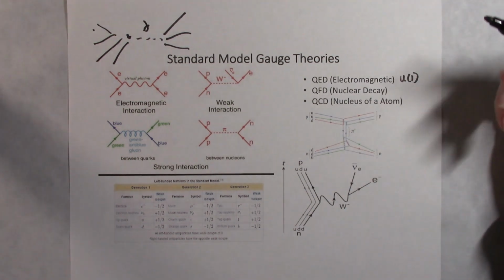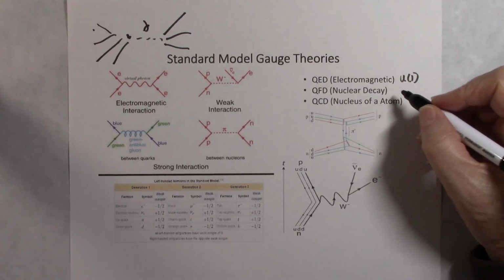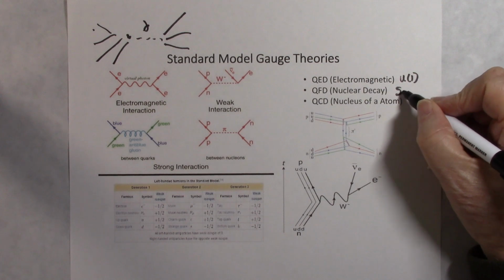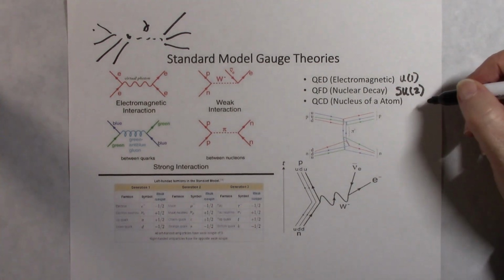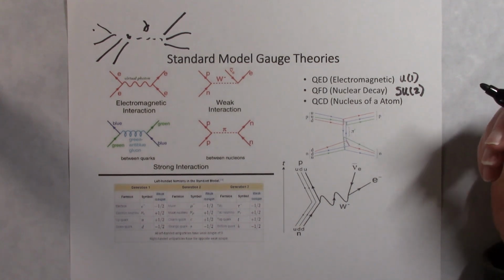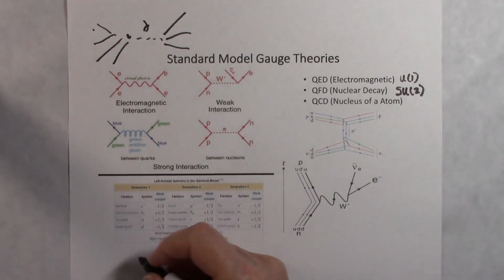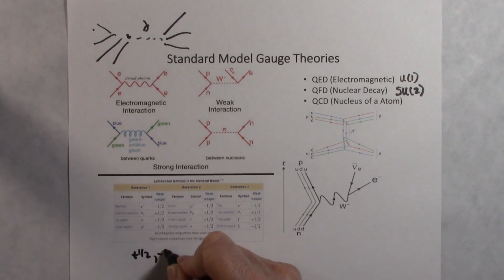Quantum flavor dynamics deals with nuclear decay, and what is conserved is something called weak isospin. That's an SU(2) symmetry. That 2 does mean something. Each particle is assigned a weak isospin number, and it can only have two possible values: plus 1/2 or minus 1/2.